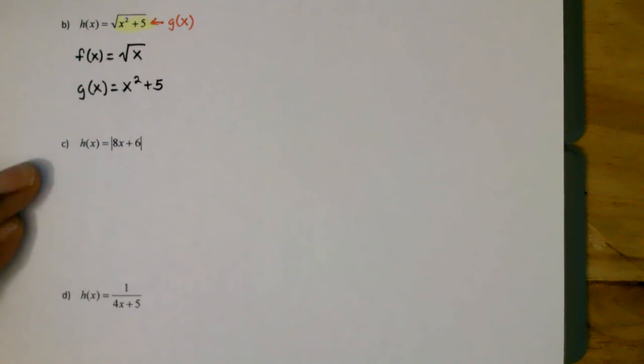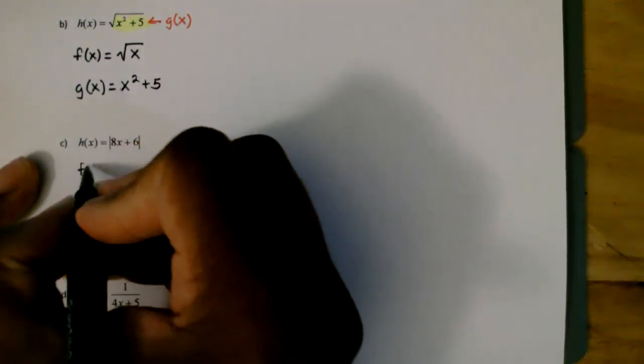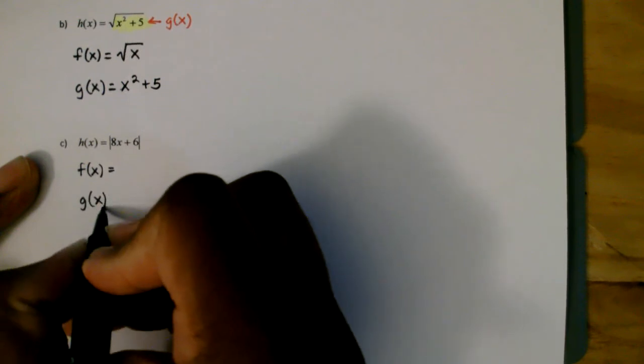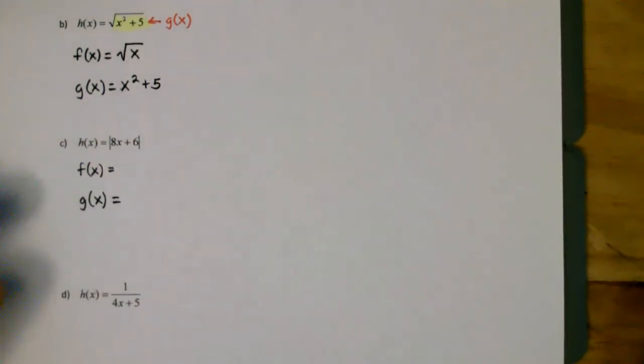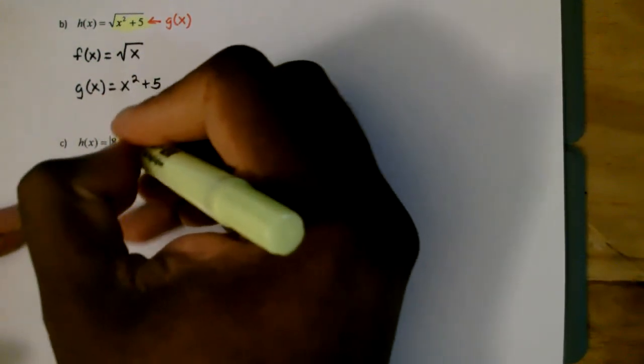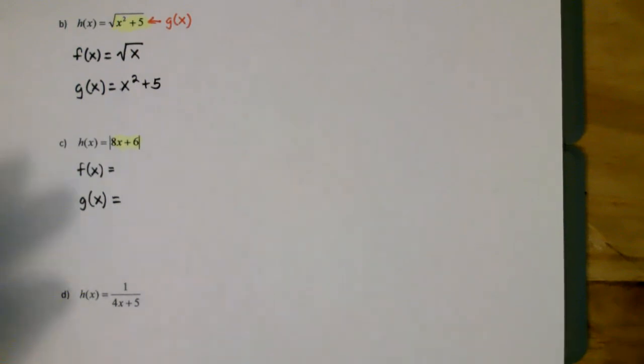Okay, now part C is h of x equaling the absolute value of 8x plus 6. So again, I want f of x and g of x. Well, what's inside that absolute value symbol? That's that 8x plus 6. That has to be the inside function for g of x.